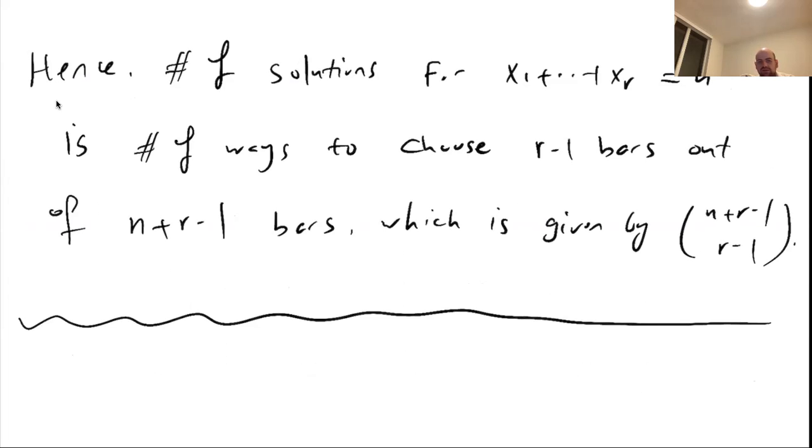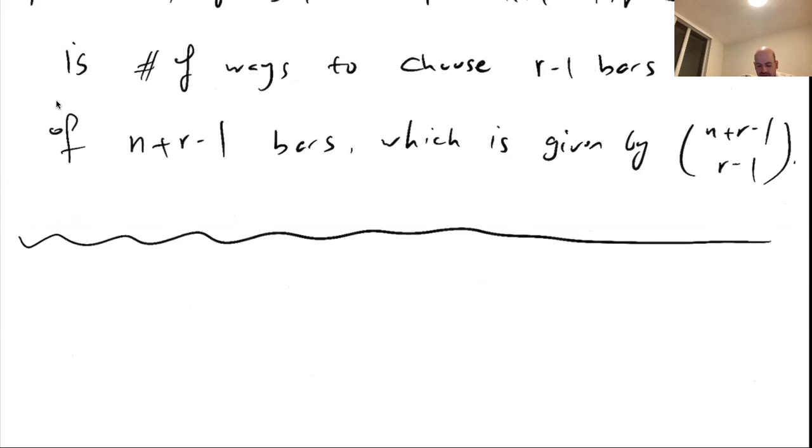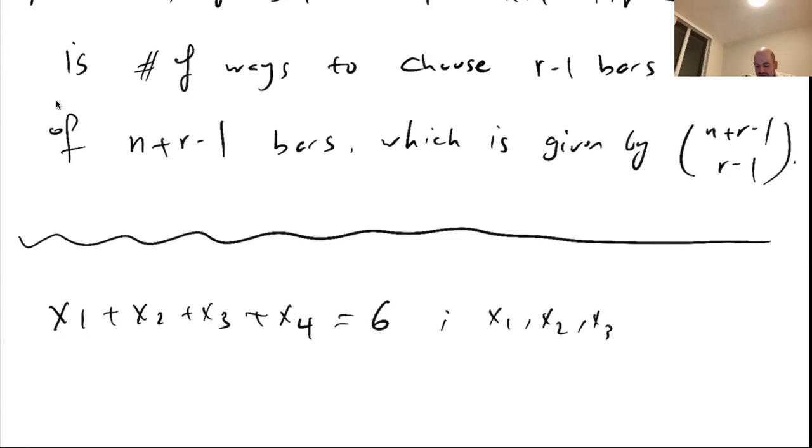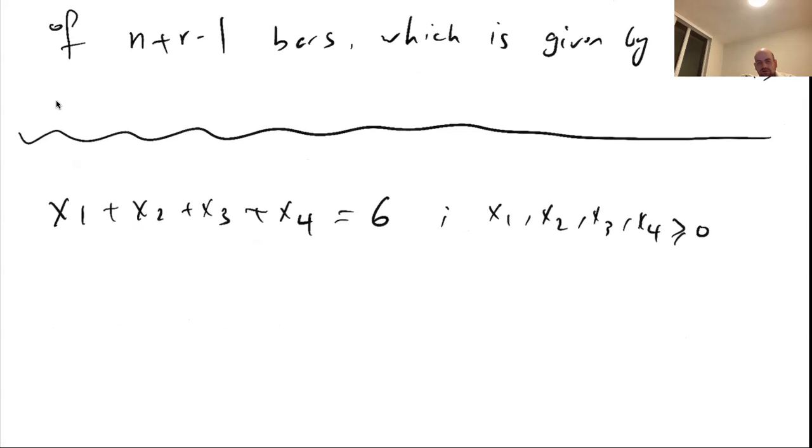Okay, so let me explain the idea with a simple example. Let's say you want x1 plus x2 plus x3 plus x4 equals 6. You want to count the number of solutions where x1, x2, x3, x4 are all bigger than or equal to 0. How can I do that?